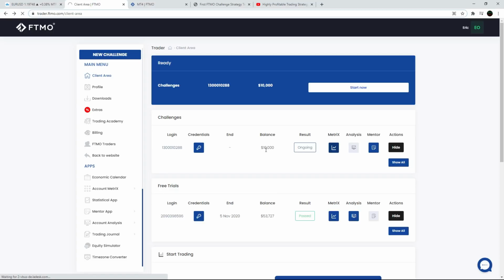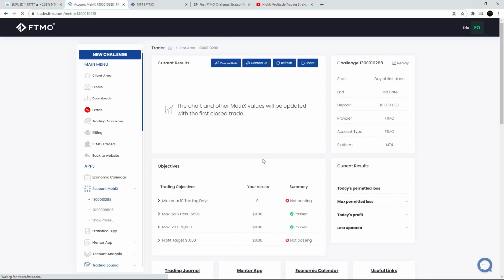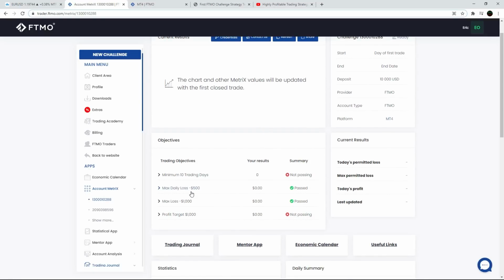So if we go into here, we can see that the max daily loss is $500. That's 5% on the account. The max loss is 1,000. Now, let's say that we have a bunch of positions opened at once. We need to make sure that we're not going to have our max daily loss figure get up too high and cause us to fail the challenge. That's 5%, $500 out of a $10,000 account.